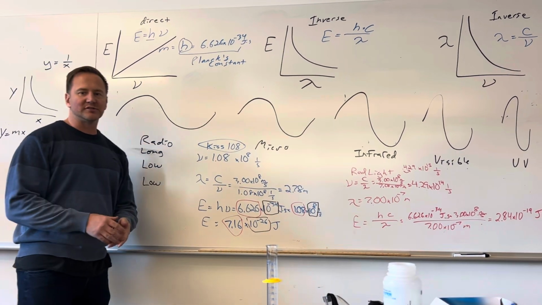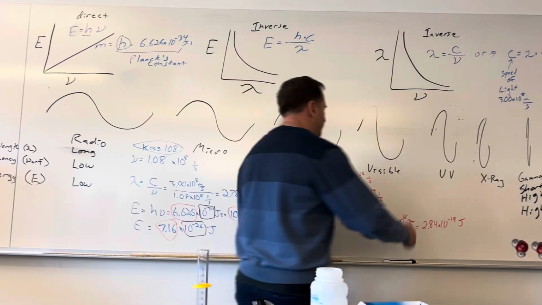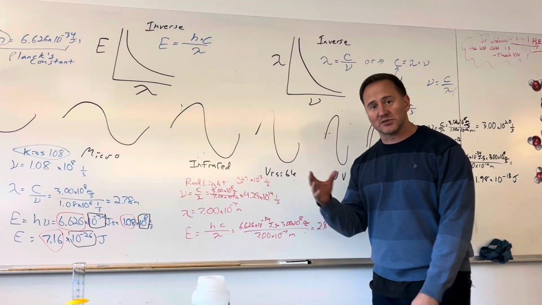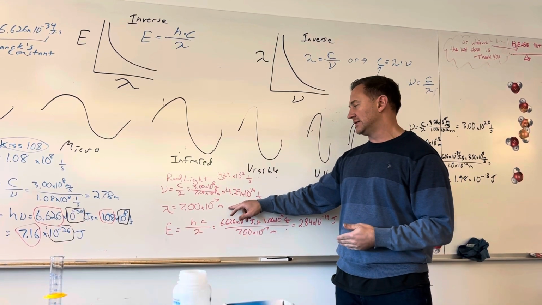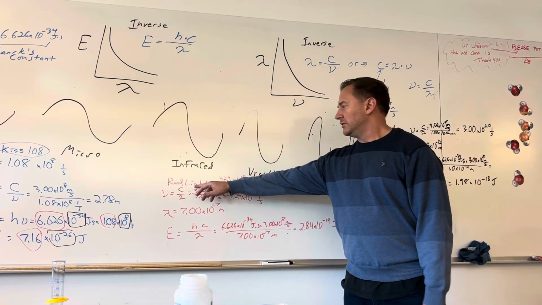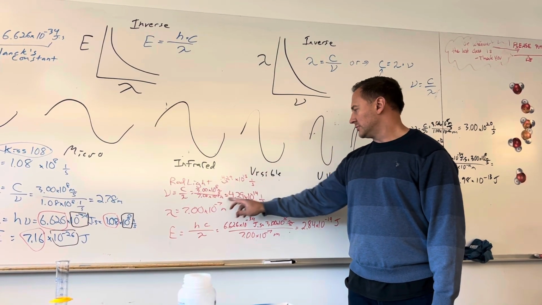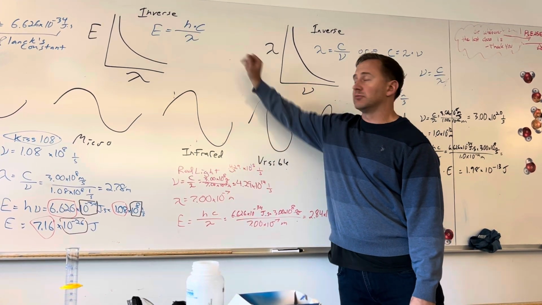Again, these are photons, so none of them are going to have a ton of energy, but this is even low on that spectrum. Comparing that to red visible light, which has a wavelength of 700 nanometers, or 7.00 times 10 to the negative 7th meters, you could calculate the frequency by using the speed of light equation. We could do that. And we can also calculate the energy using this equation right here.